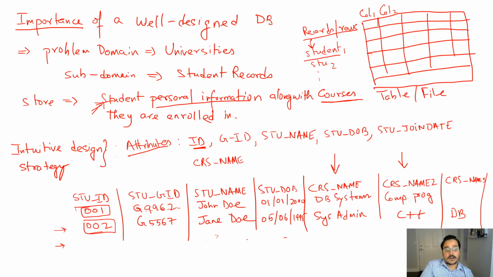So the issues are basically, first and foremost, that if any student registered for less than the maximum number of courses that a student has registered for, in this particular case, Jane has registered for 3 courses, which is the maximum. That maximum value is dictating how many attributes or columns you need to add in this table, right?